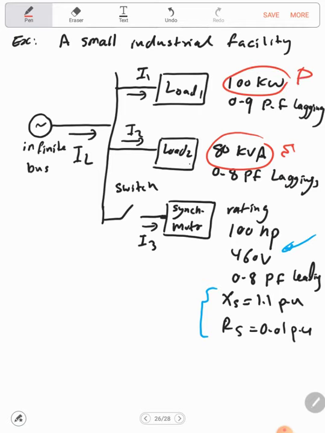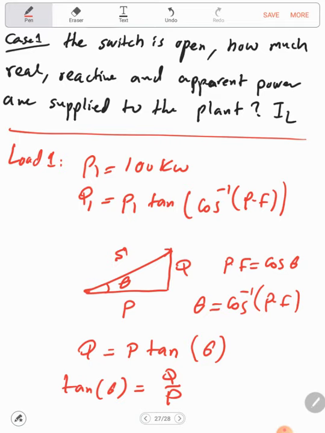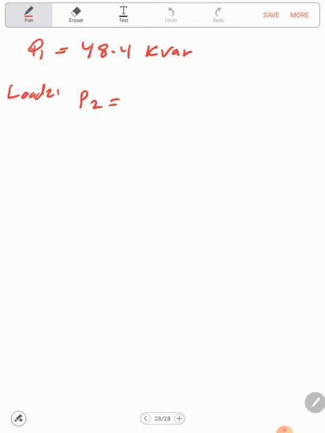Simply we know that P is equal to S cosine theta, and Q is equal to S sine theta. So P2 is equal to S2 cosine theta, which is 80 multiplied by 0.8, so this will equal 64 kilowatt.